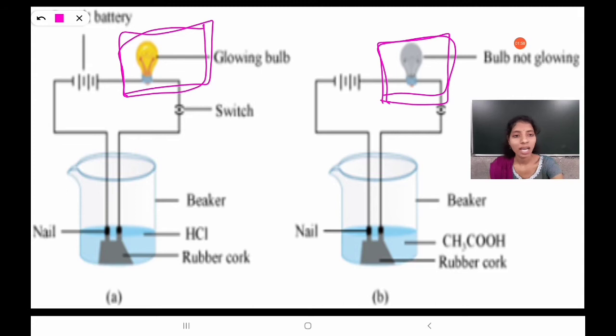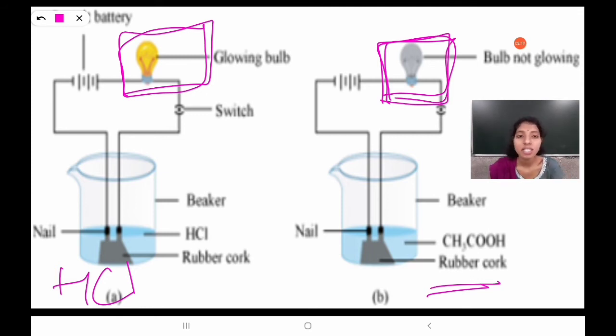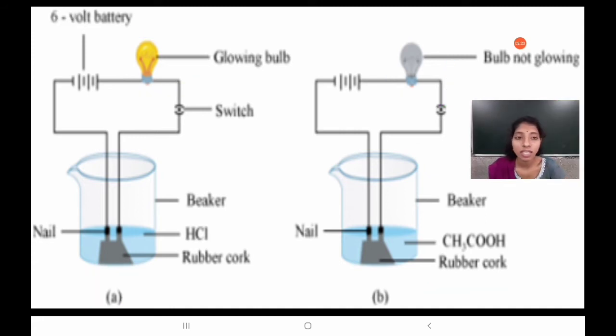Here both are acids. This is the hydrochloric acid in beaker A, and in beaker B we have the acetic acid. But in the acetic acid beaker the bulb does not glow, and the HCl containing bulb is glowing here.